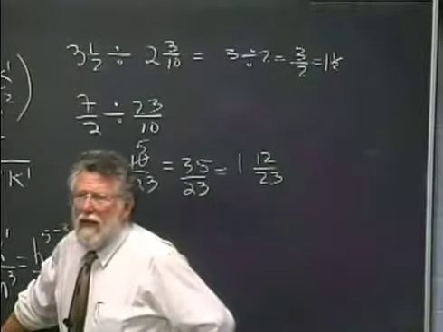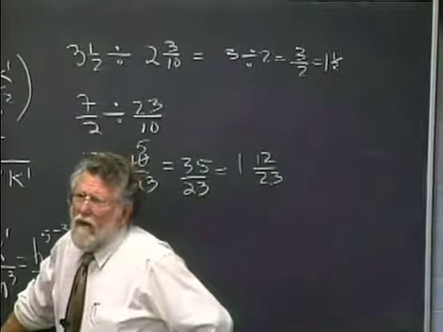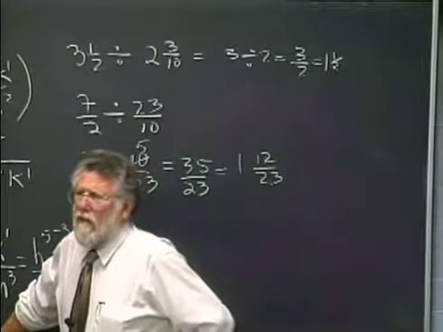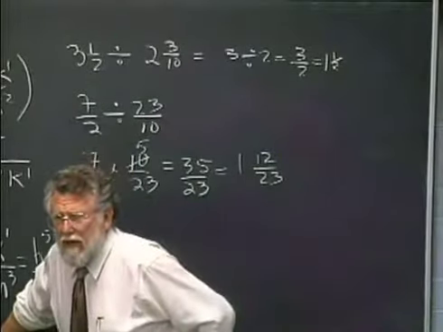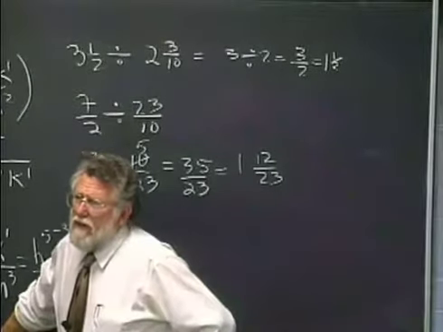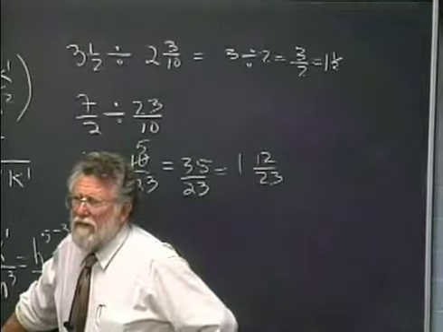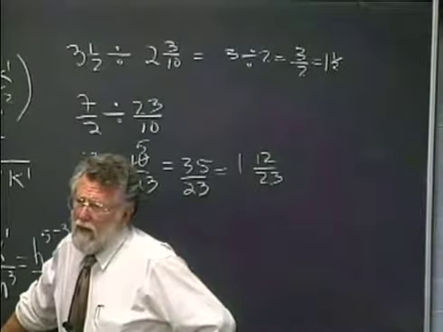Okay, so again, the idea of estimating, I'm rounding off. You might have argued 3 1/2 should have been rounded off to 4. And 4 divided by 2 is going to give you a 2. And I'm not quite as close on my estimate. But again, it's just an idea of trying to be in the ballpark.